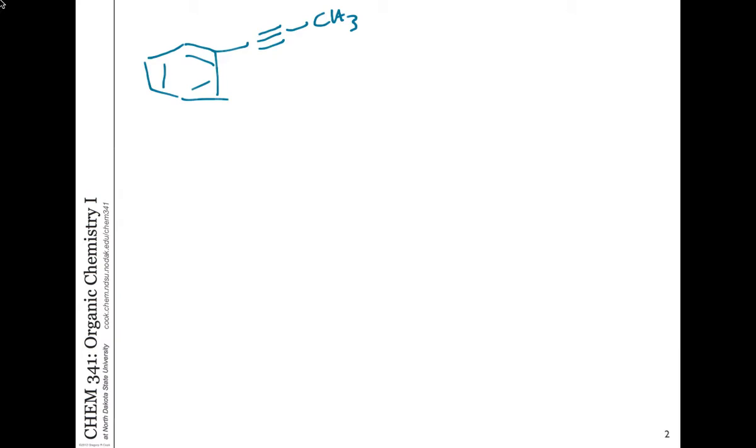We can reduce it with hydrogen and palladium, and the product is what? Yes, alkane. So the triple bond gets reduced all the way to alkane.